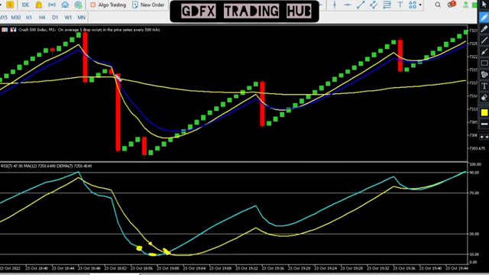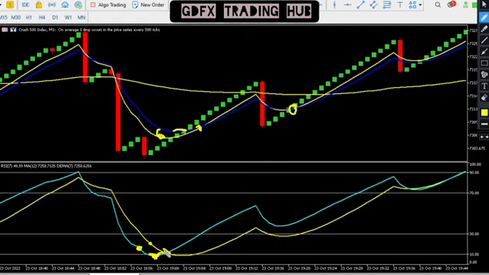Another thing you should look out for is that the yellow line must be under and the blue must be like this. So if the yellow is like this, it is getting ready. Anytime the yellow crosses, like it has happened here, the first thing you must look at is to let this aqua color touch the 10 levels.